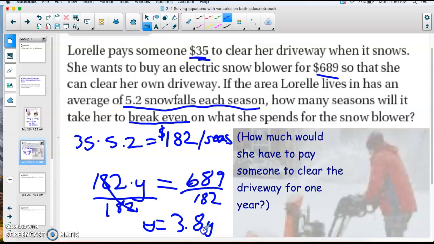So it's going to take her 3.8 years in order for the snowblower to kind of pay itself off, right? So if she's only staying in Minnesota for 3 years, then it doesn't really make sense for her to buy a snowblower. Okay, but if she's staying in Minnesota for 4 years, then the snowblower option is going to be cheaper because she'll end up spending more than $689 to have somebody else do it.